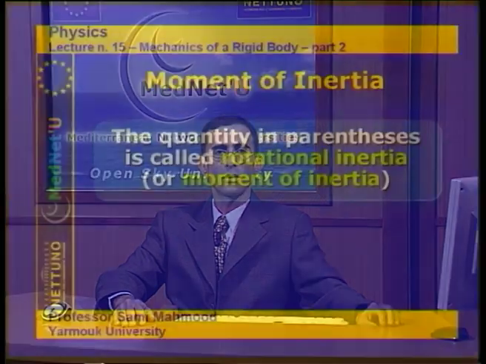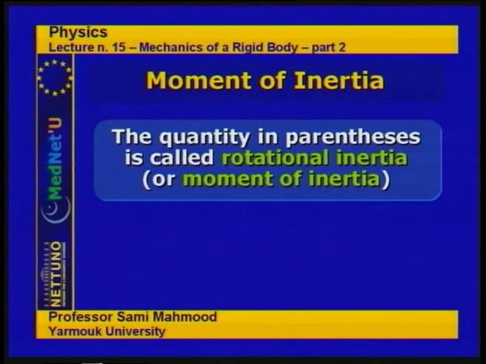This quantity in parentheses, we call it the moment of inertia, the rotational inertia of the object. And it is defined as I, the moment of inertia of the object with respect to the axis of rotation, equal to the summation of m_i r_i squared.